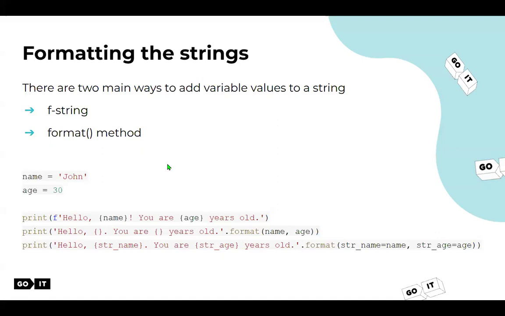Instead of indicating name and age inside the curly brackets, you're doing it at the end, but still within the open and close parenthesis for the print command. All right, so you see the difference?